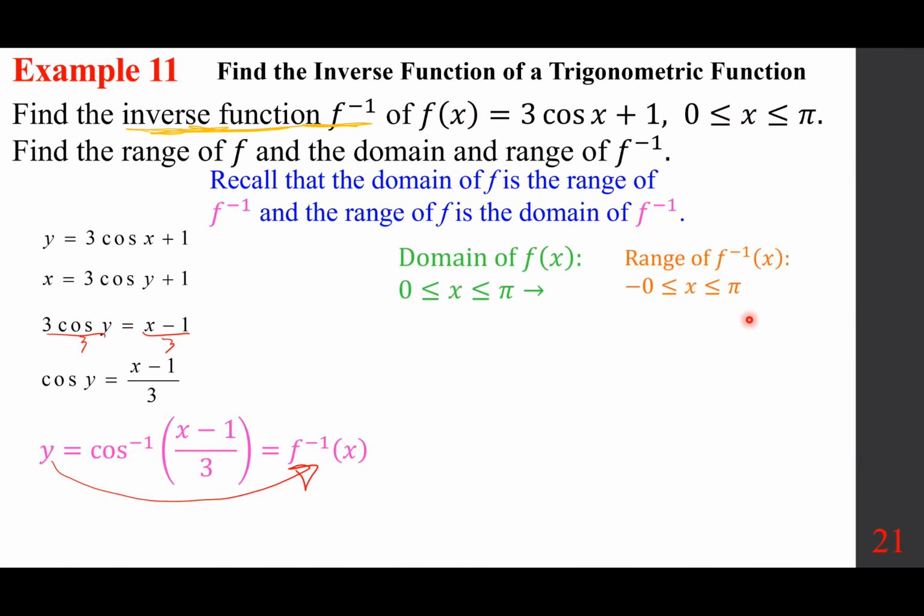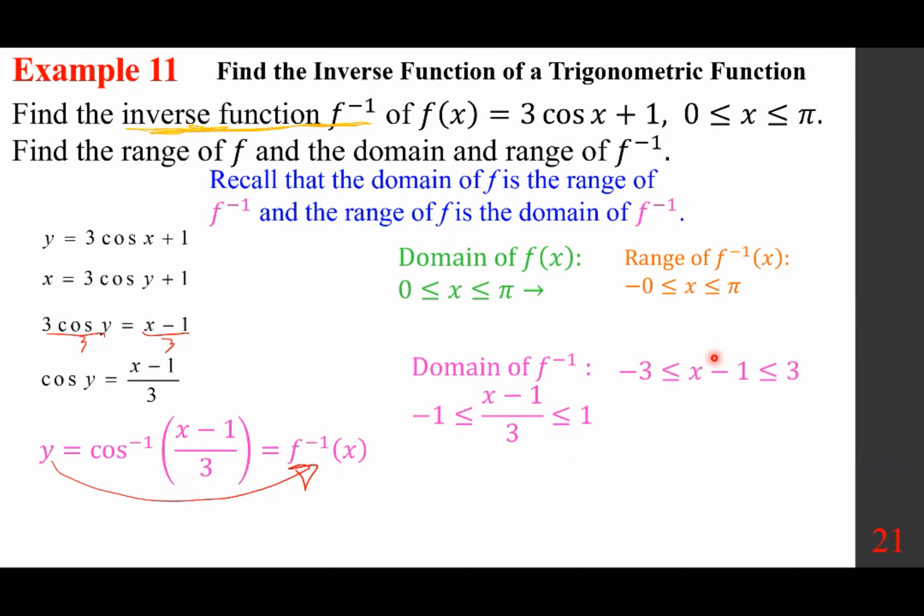So let's find the domain of f inverse. Cosine inverse of x minus 1 over 3. This piece must be between -1 and 1. Let's multiply by 3. This becomes -3. This becomes +3, and this goes away.